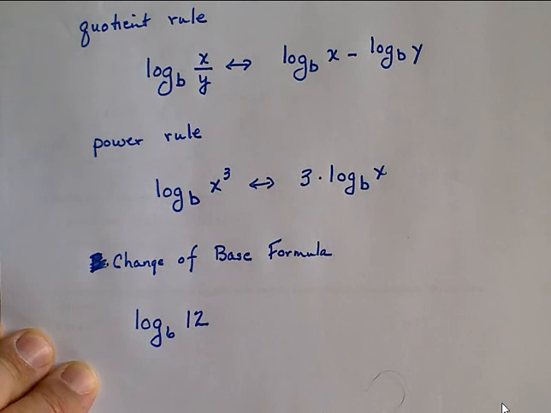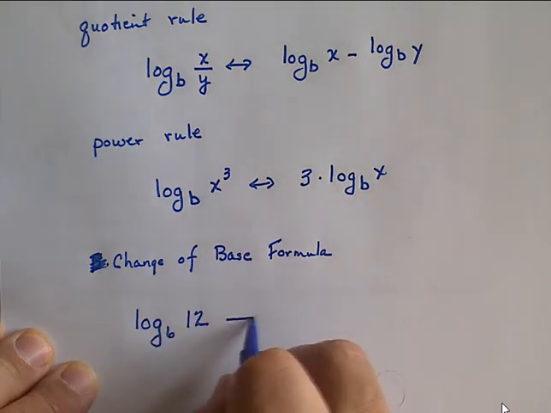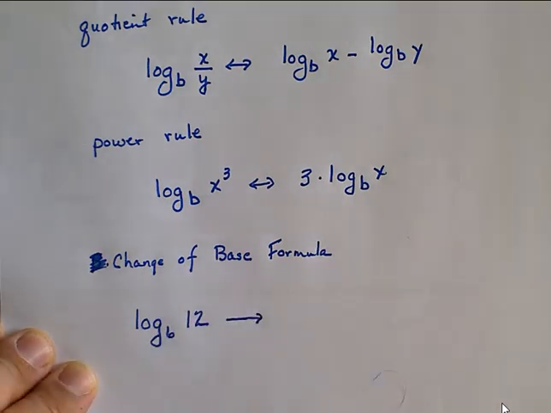Okay? Well, here's what you're going to do. First of all, pick a base that's on your calculator. You can use common log or you can use natural log. So common log is base 10, natural log is base e. So I'm going to write it out using both. When you actually punch it into your calculator, it doesn't matter. You'll get the same answer.